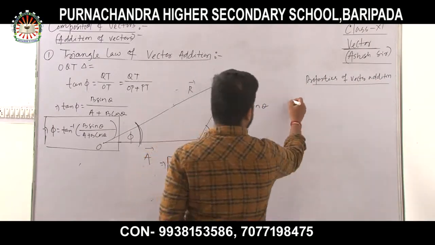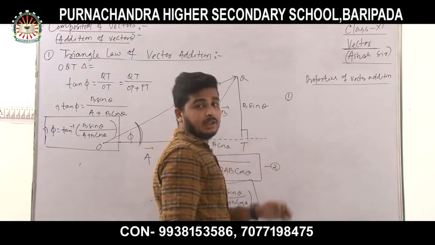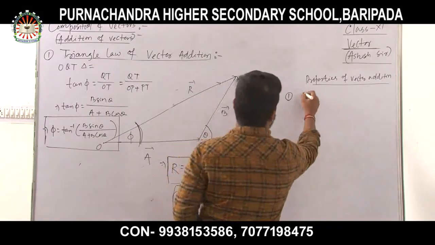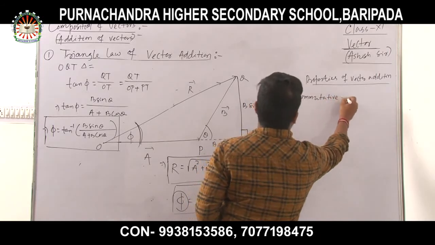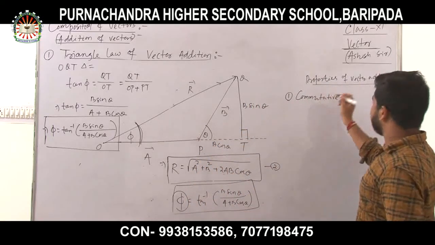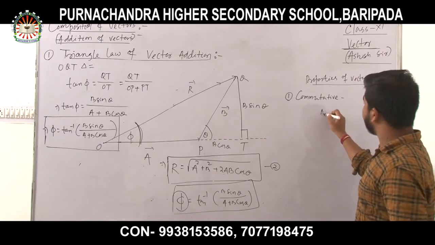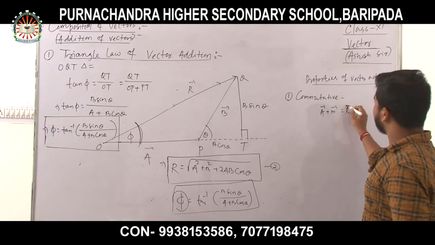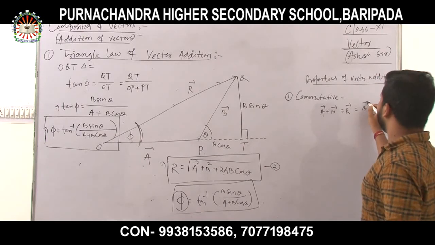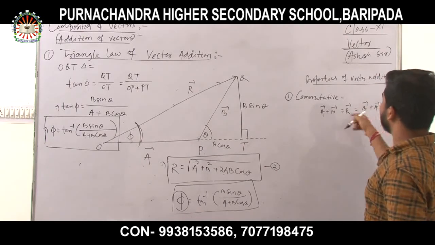So first property: vector addition is commutative. It means if you add A vector plus B vector equals R vector, then you also find B vector plus A vector is equal to R vector.